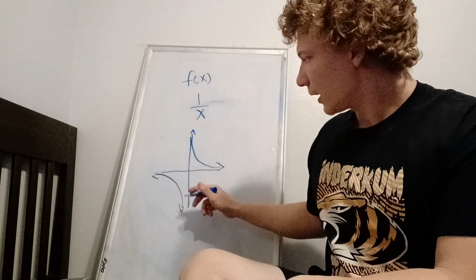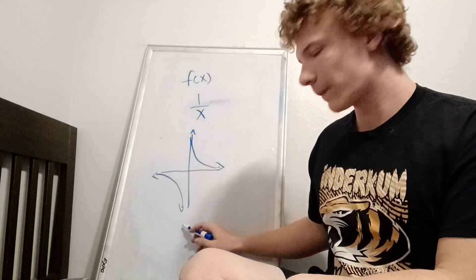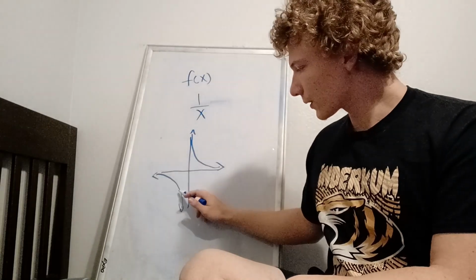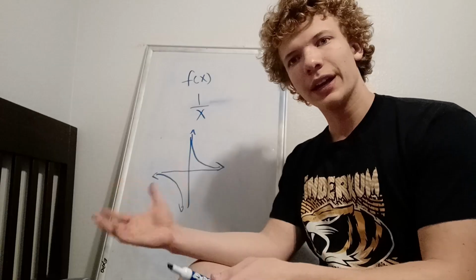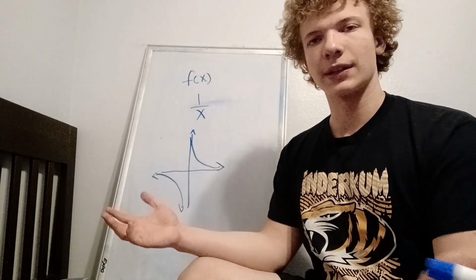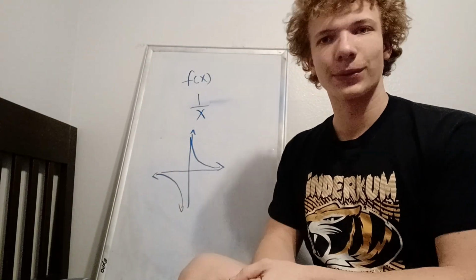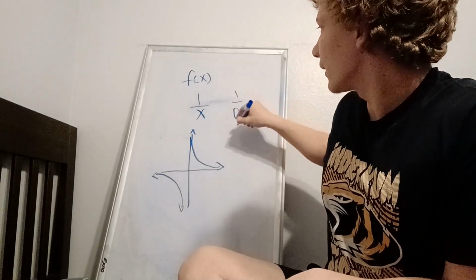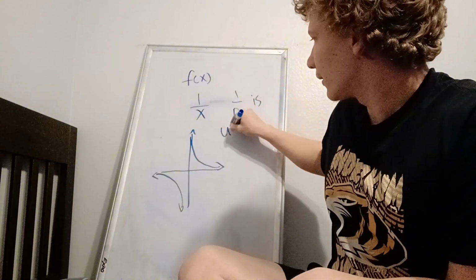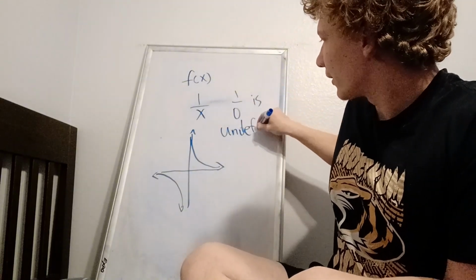But the problem is, if you have a really small negative number that's really close to 0, then it gets closer and closer to negative infinity. And so it's infinity and it's negative infinity at the same time, and you can't have that, so it's undefined. So 1 over 0 is undefined. It's no good.